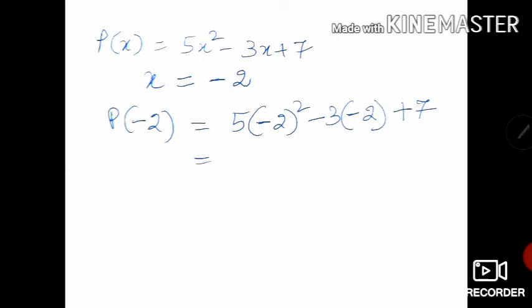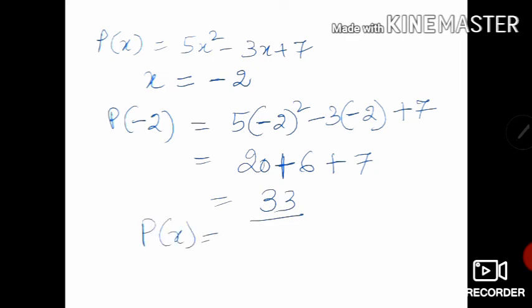This is 5 times 4, that is 20, minus 3 into minus 2 will give you plus 6, plus 7, that is 33. So the value of this polynomial p of x is 33 at x equal to minus 2.